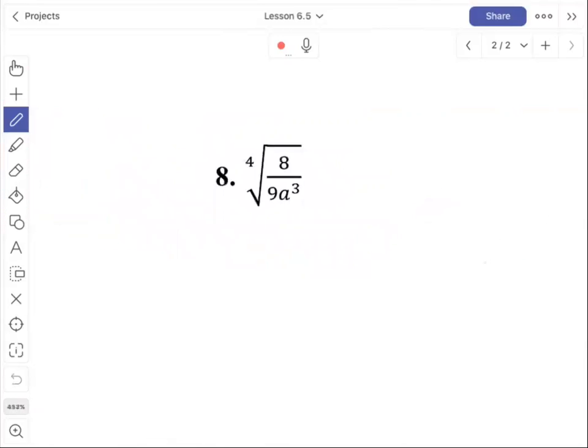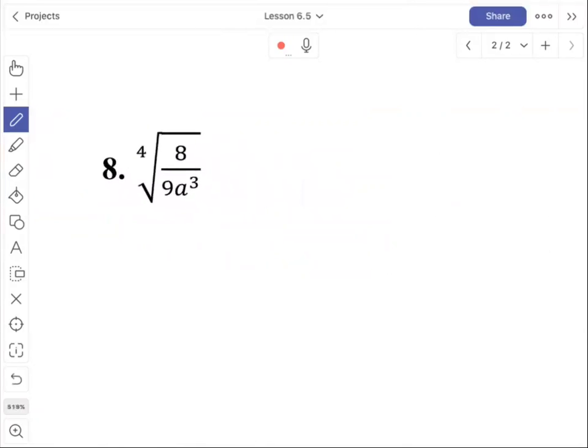All right, so number 8, I got a 4th root. Can you help me with this one, please? Let's go to Joanne. All right, Joanne, help me with this one. What do you think we can do first? Ideas, just throw out any ideas.